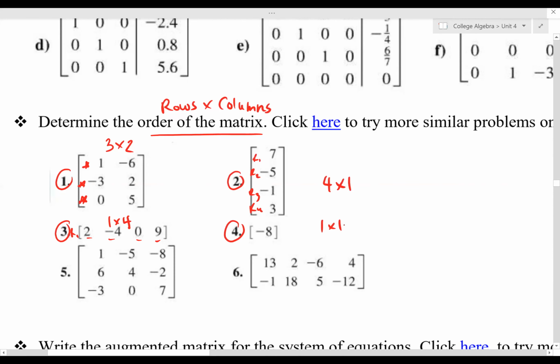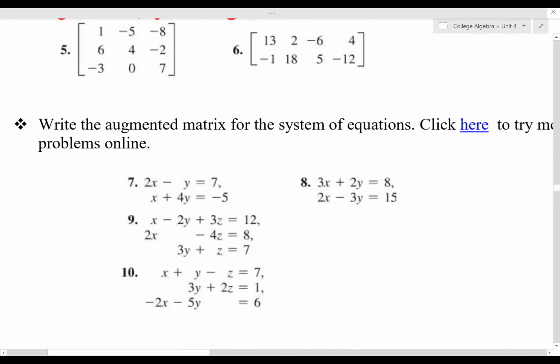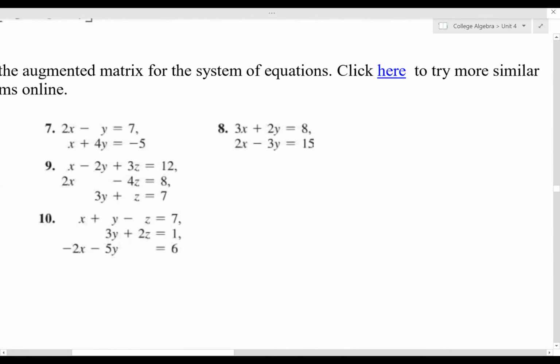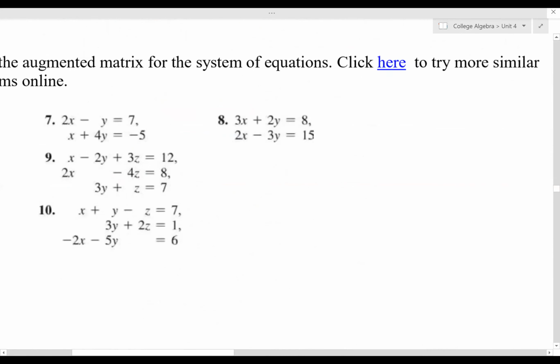That's really helpful to know the dimensions and order of your matrix when you do some matrix operations like multiplication. Okay, so then you have some practice for writing just an augmented matrix, but I'm just going to go ahead and go through a solution where we find the solution using row operations on a matrix.